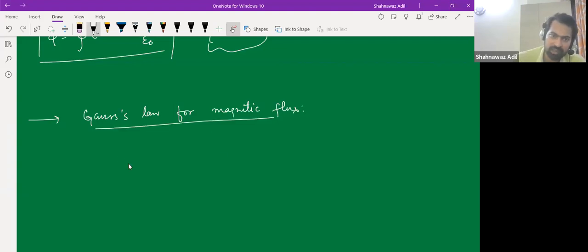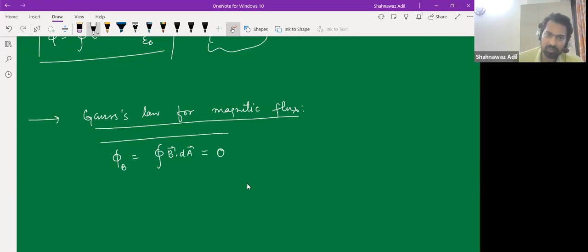It says that if we calculate magnetic flux inside a closed loop, this would give us zero. There is a very important thing about this law. You can get a Nobel Prize if you found something new about this law.